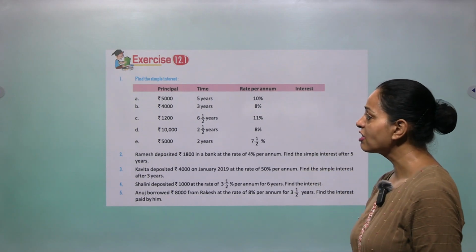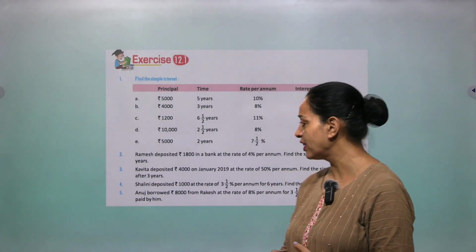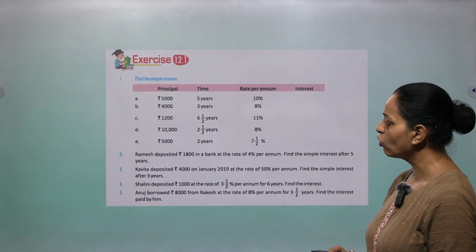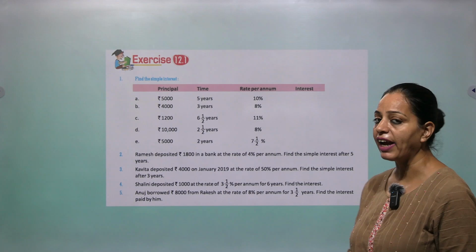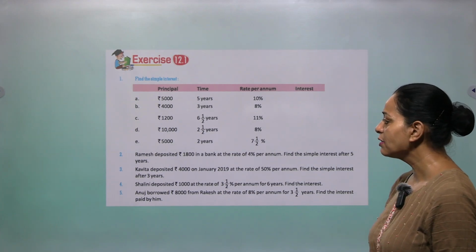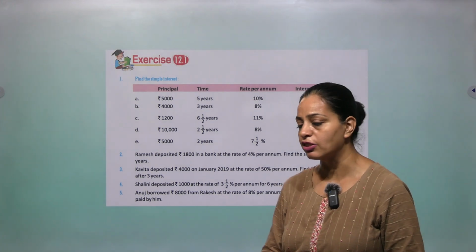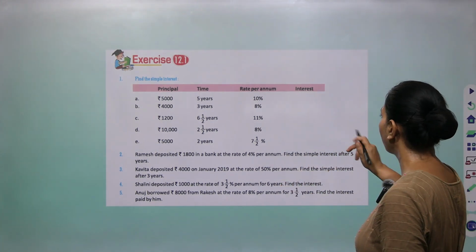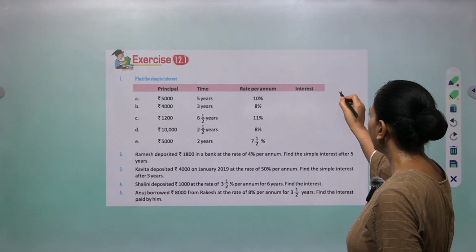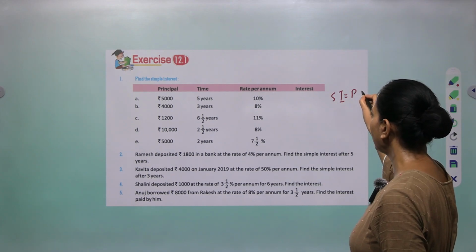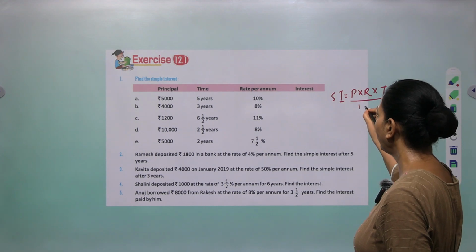Now exercise 12.1 is based on such type of questions. You can enjoy this exercise. Like you can see the second question: Ramesh deposited rupees 1,800 in a bank at the rate of 4% per annum. Find the simple interest after 5 years. How will you do it? You will apply the formula SI equals P into R into T by 100.